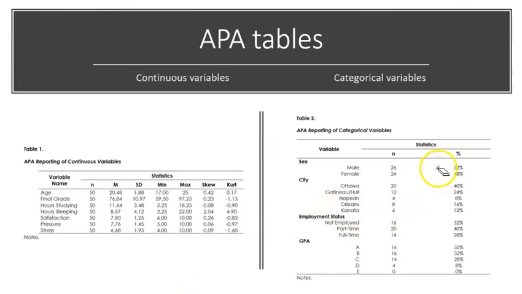On the right side, the categorical variable is the same. You don't have column lines; it's only horizontal lines. You can see the n here is a small n, not a capital N. Also you don't need to provide two decimal points in the percentage, just the clear-cut number without any decimal points. So these are the forms of the APA tables.